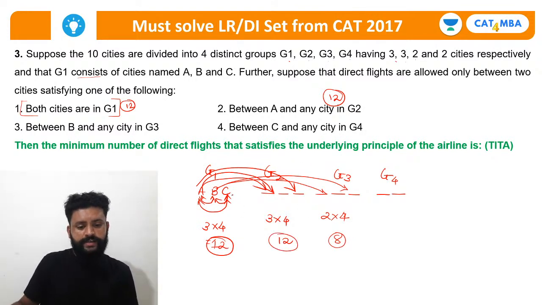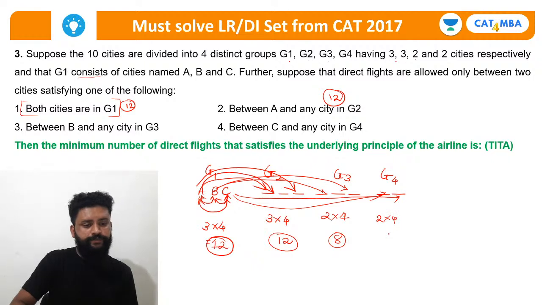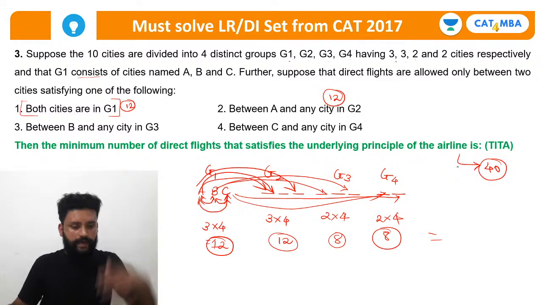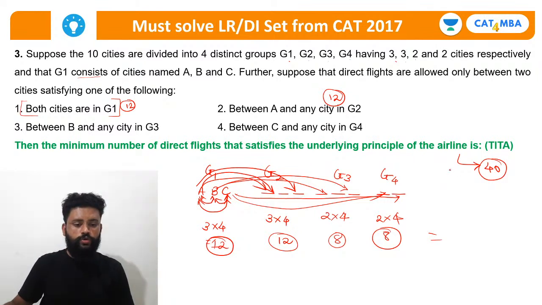And between C and G4 again यहाँ पे 2 combinations हैं, so 2 into 4, that comes 8. So 12 plus 12 plus 8 plus 8, that's the answer for this question, 40. Done? Hopefully all of you understood this part.